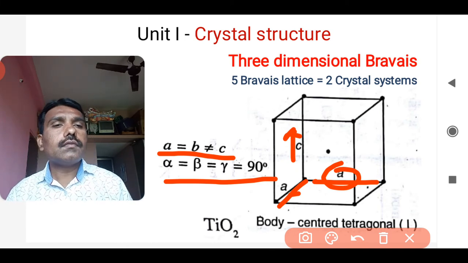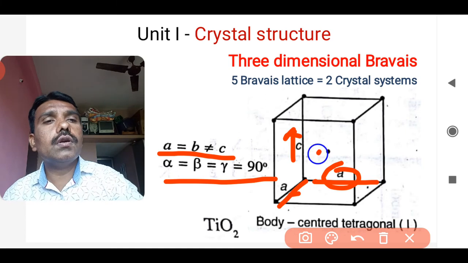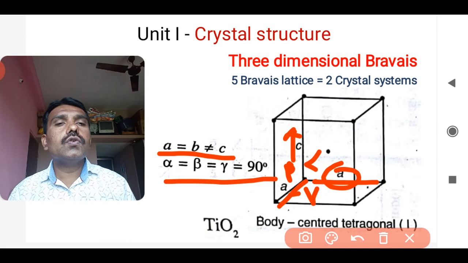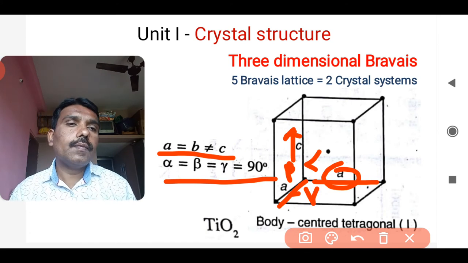This is the alpha angle, this is the beta angle, and here the gamma angle is between a and b. All these are 90 degrees.